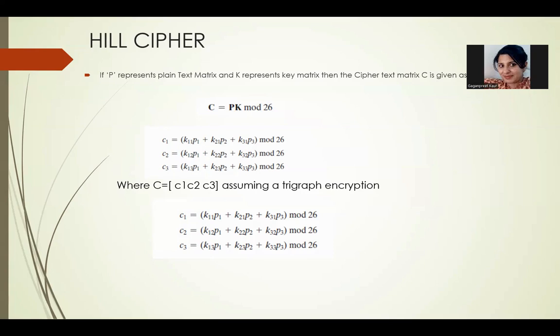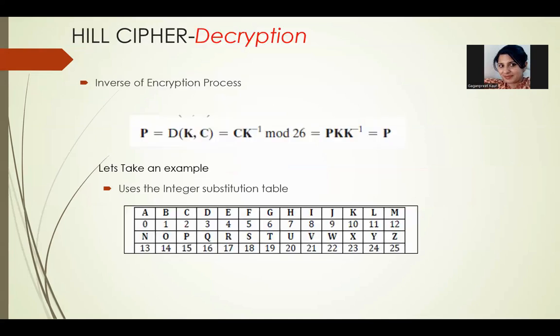Based on this, we'll be able to generate our C1, C2, C3, 3 elements. So I think I should go to the example before it confuses you so much. Basically understand that for every alphabet we are going to encrypt, we are using a substitution which is the integer equivalent, and it will have an equivalent unique encoded cipher value.